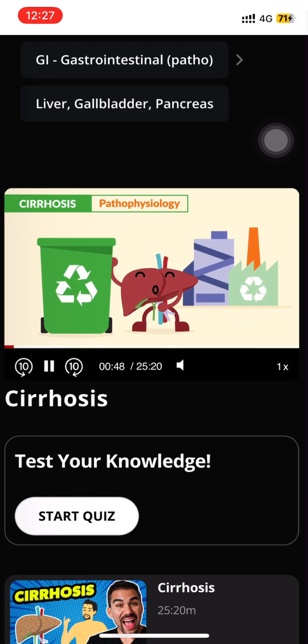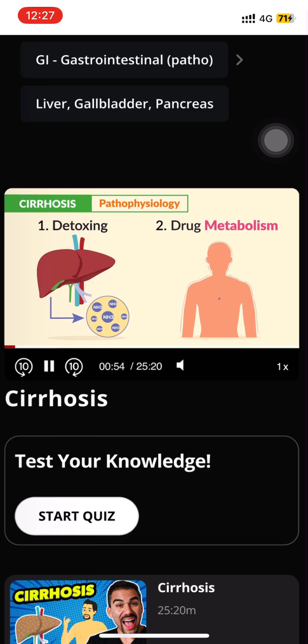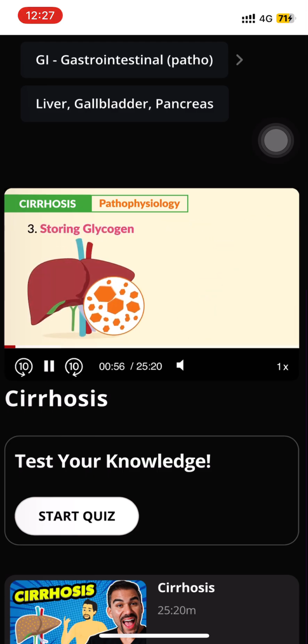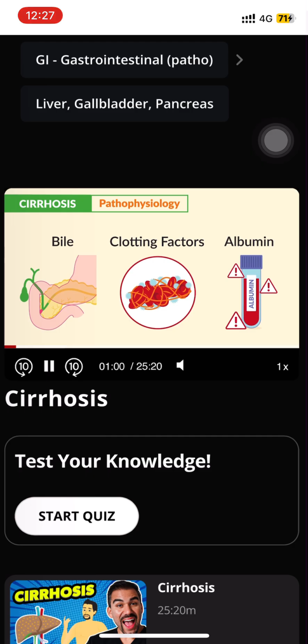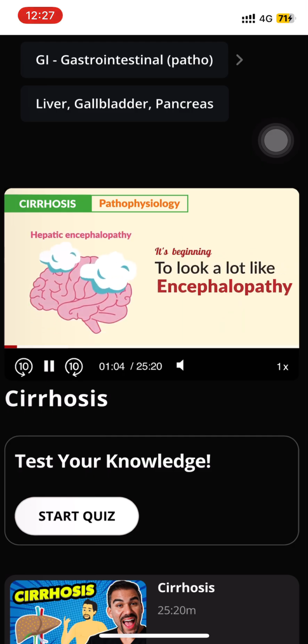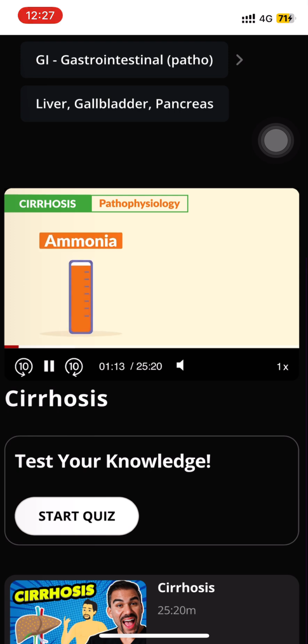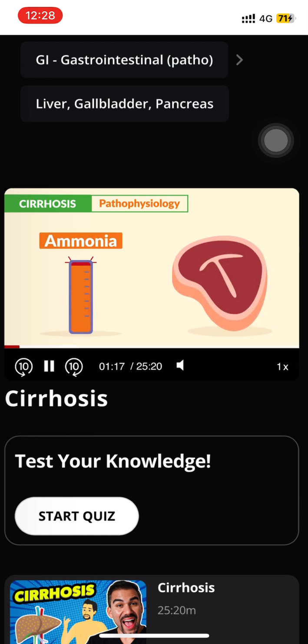The liver acts like a recycling company for major roles and responsibilities, detoxing ammonia and drug metabolism, storing glycogen, producing bile, coag factors and albumin. It's beginning to look a lot like encephalopathy with altered LOC. Too much ammonia in the blood, byproduct of protein metabolism.